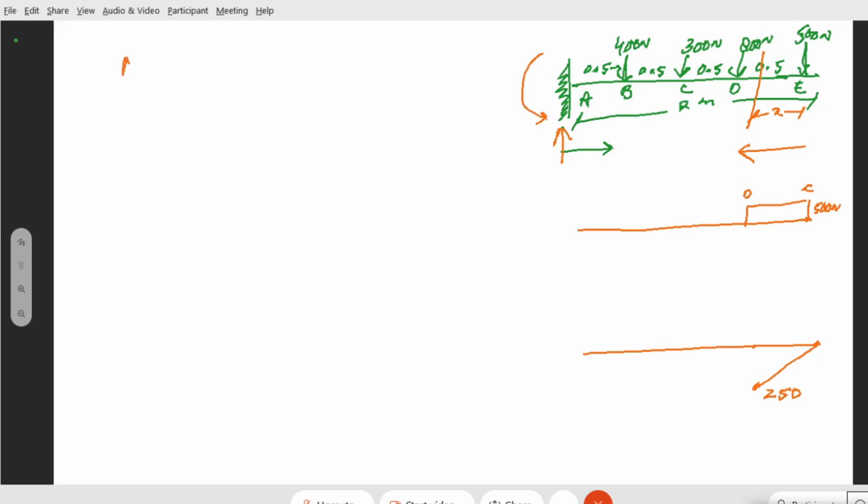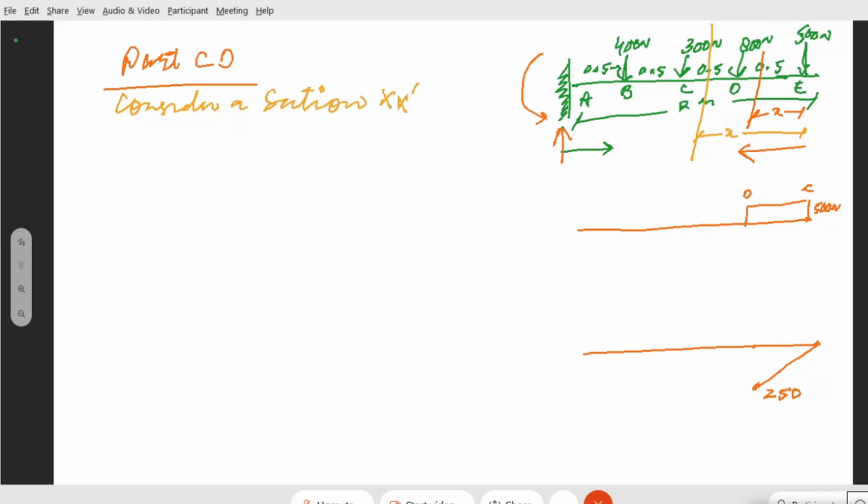Now when we have to consider part CD, again we will consider one more section X, which is at a distance of X from E. We consider a section XX dash or YY dash, whatever you feel like, at a distance of X from E.